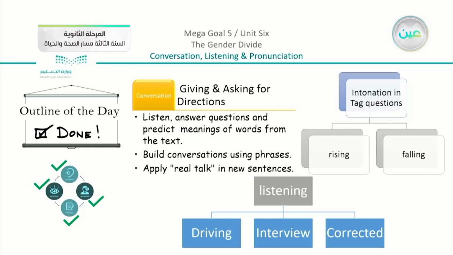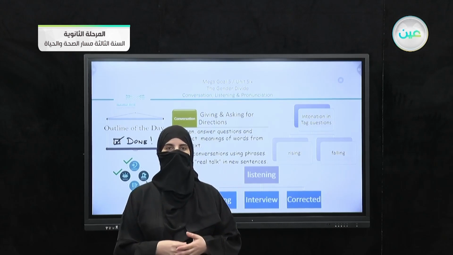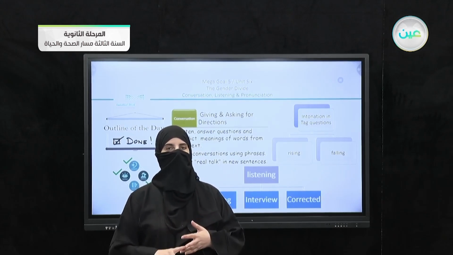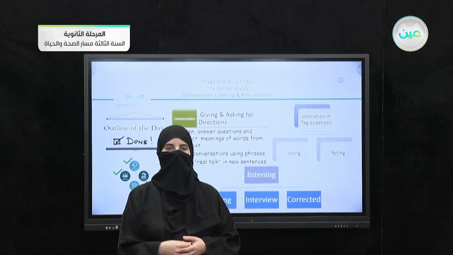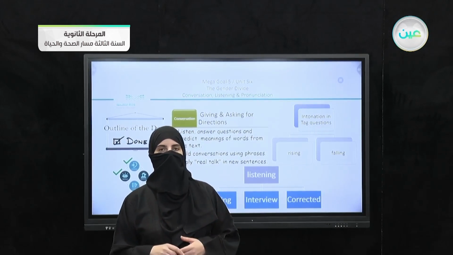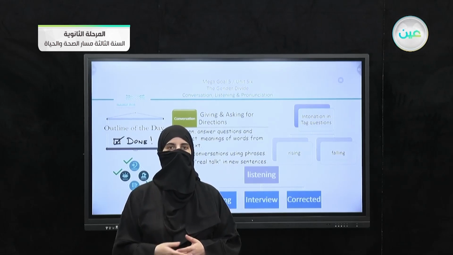There was a book, and we corrected some false statements. And in the last part, we have the pronunciation part, which is the intonation in tag questions, where we have two types of intonation: the rising and the falling. So we have applied all our skills. We did our listening, our speaking. You did have your writing part and also the reading within the lessons. So focus on our pronunciation exercise, and we will complete it in the next lesson, inshallah.